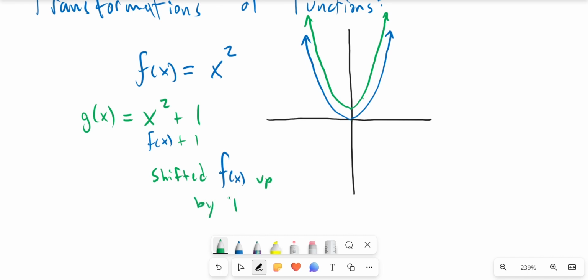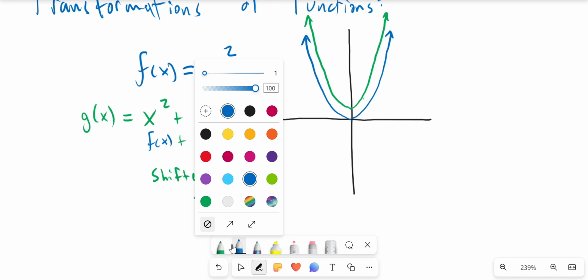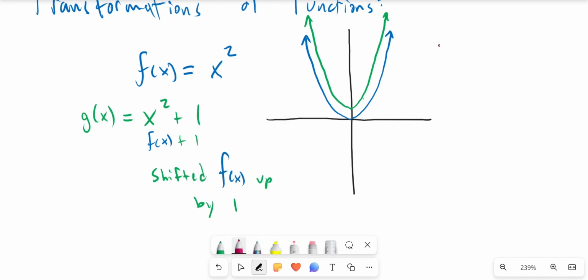On the other hand, let's take a look at some other function. Let's take a look at h of x, and let's say that is f of x plus 1, with the plus 1 inside. So let's look at what would happen here, specifically for x squared. Let's make a small table here.